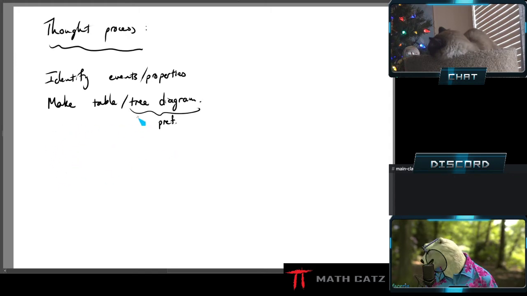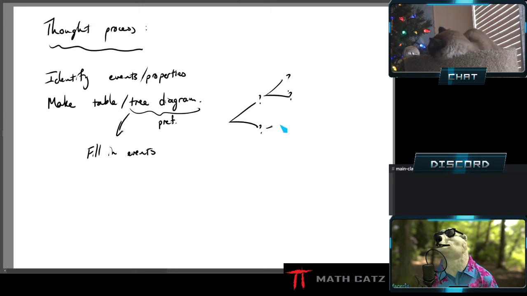So once I have, let's go with the tree diagram specifically, then I want to fill in the events in terms of how it can split. What is the first split here? And then do I have further splits in what defines an outcome? An outcome can have multiple properties.